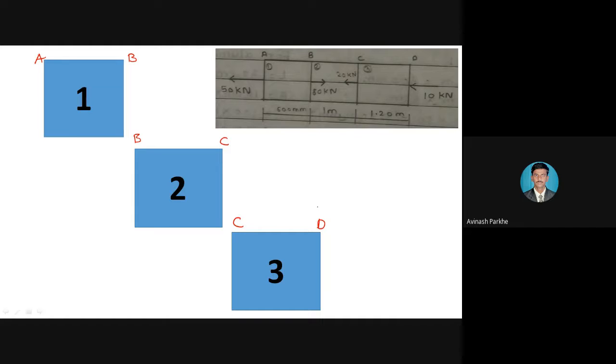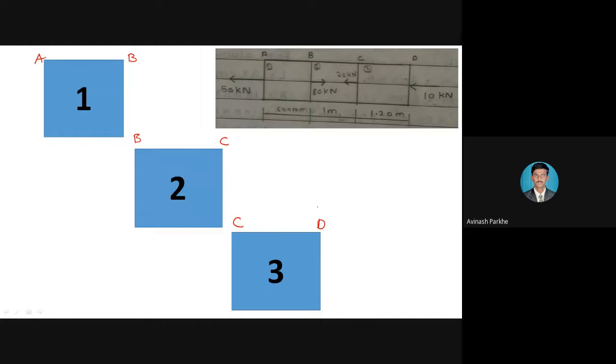If you are solving problems based on the principle of superposition, you have to follow these steps, just for your better understanding. In bars of varying cross section, the same-load condition will not be applicable, because here we have to calculate the separate load for each and every section.